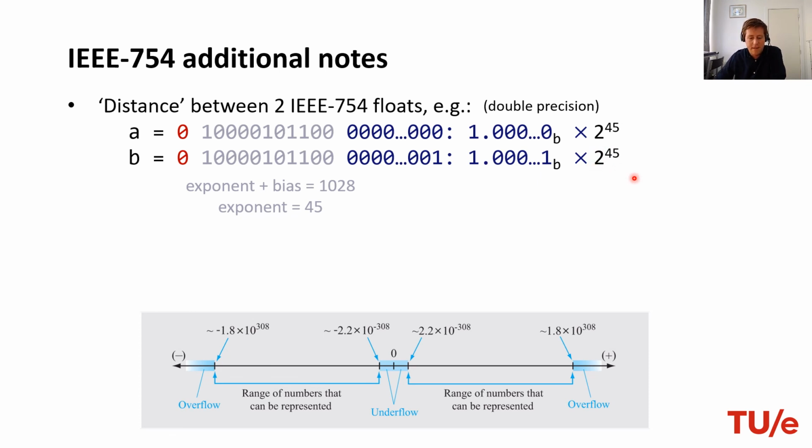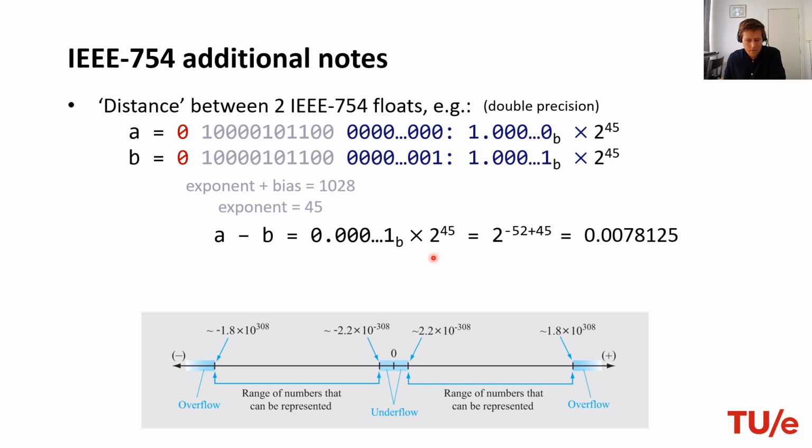Now what would be the difference between these two adjacent floating point numbers? We can see that this is a lot larger. For these very large numbers, A minus B is simply equal to this mantissa, 0.00, 51 zeros and then a 1, times 2 to the power 45.